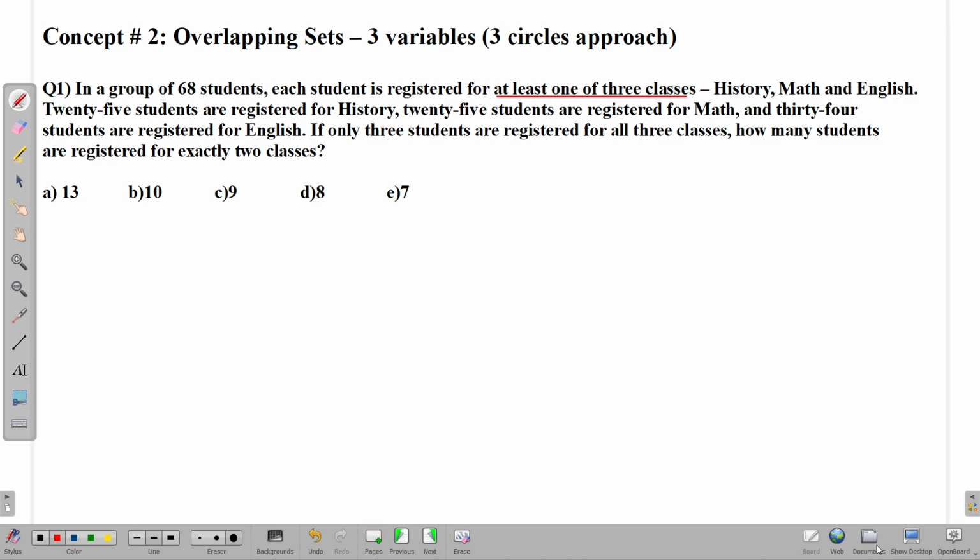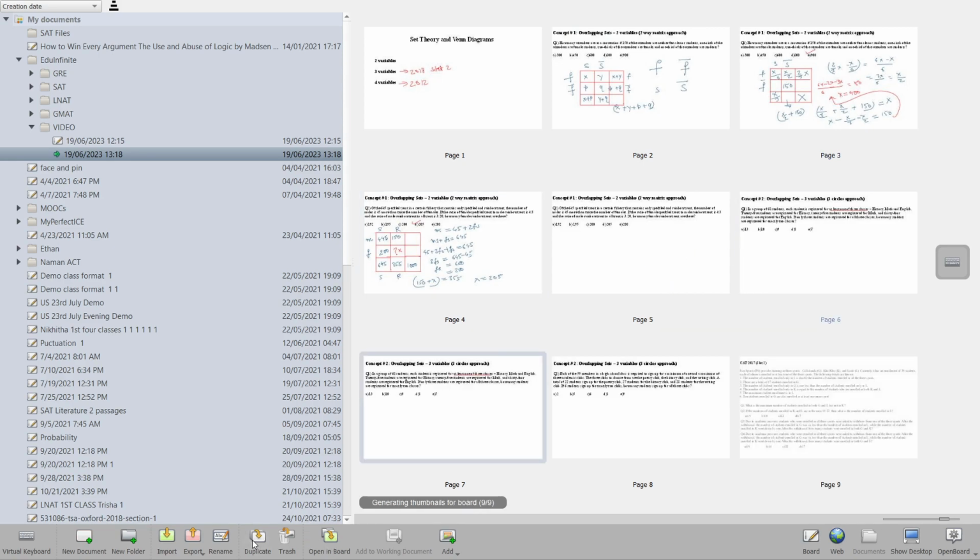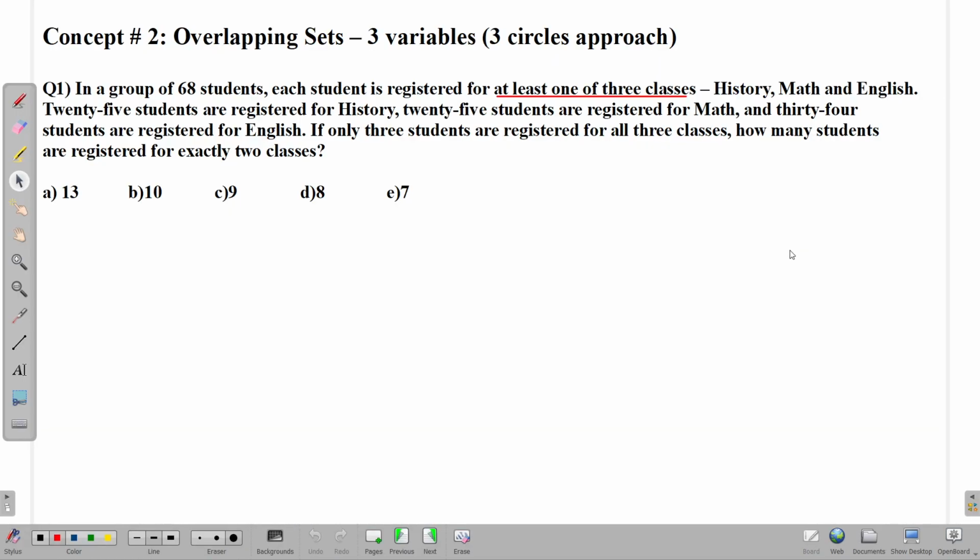Before I go further, I will just duplicate this particular slide because I need to work on this multiple times. The question will be on top. So we have three circles here. I'm calling it a three circle method.